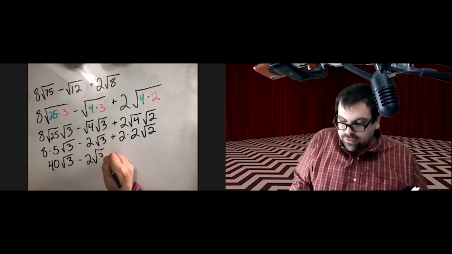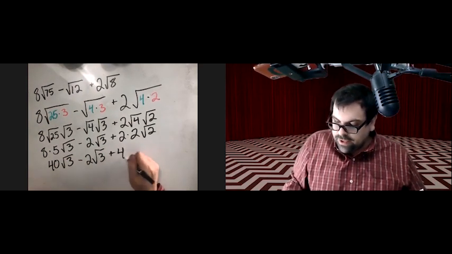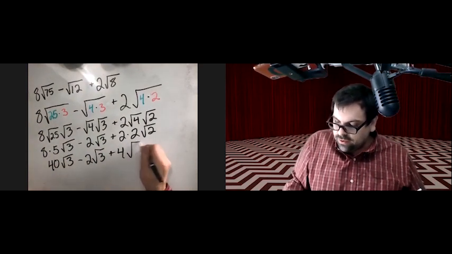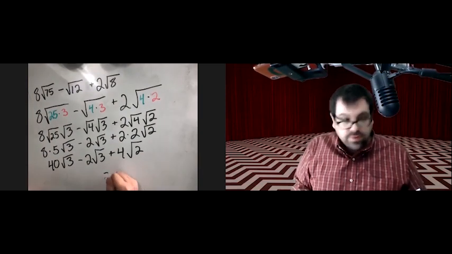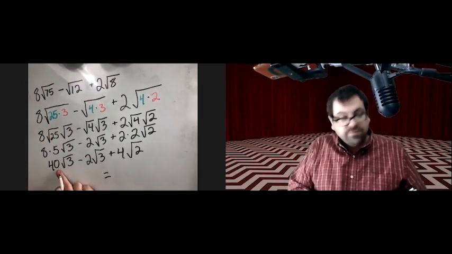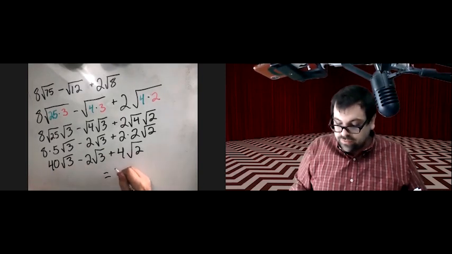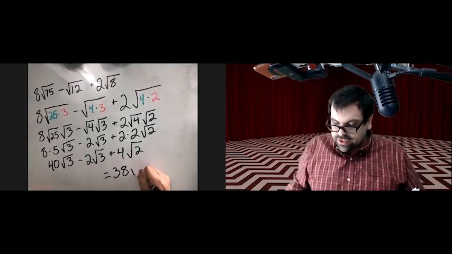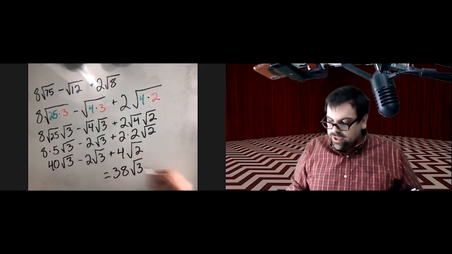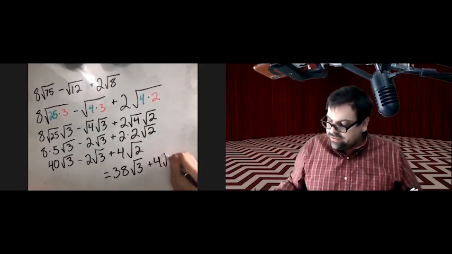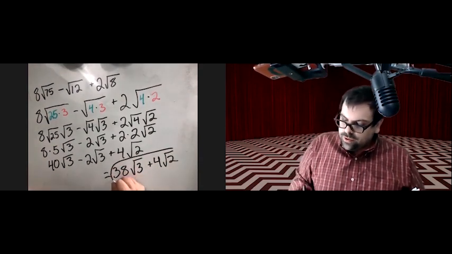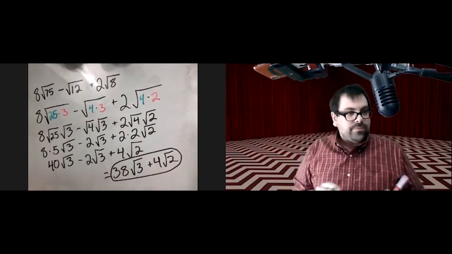Minus 2 radical 3 plus 2 times 2 is 4 radical 2. 40 of the radical 3's minus 2 of the radical 3's gives us 38 radical 3 plus 4 radical 2. And that's the answer.